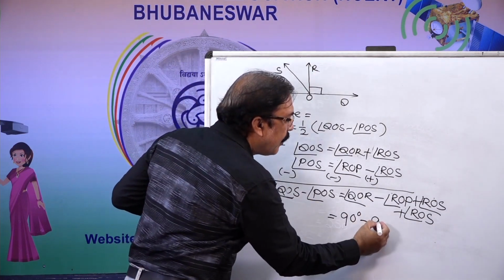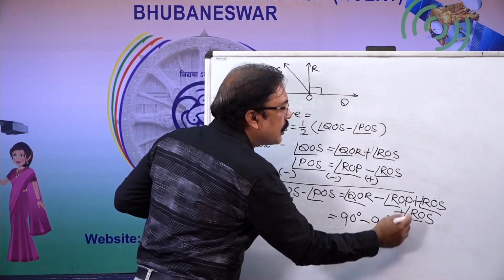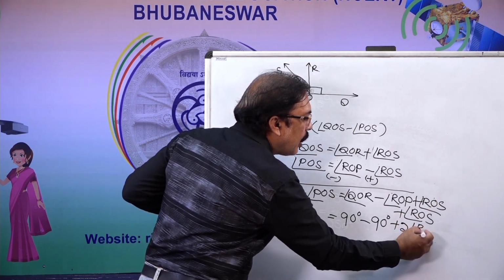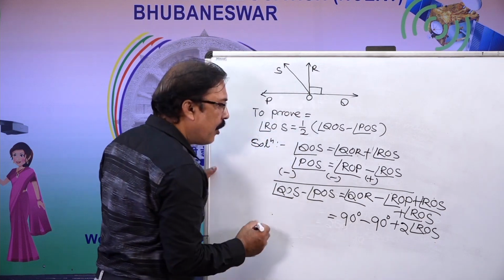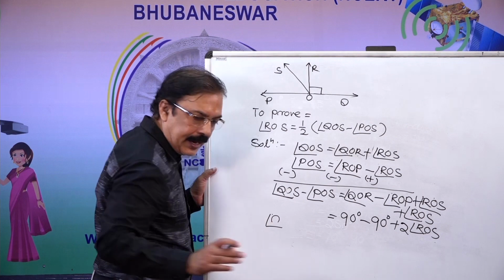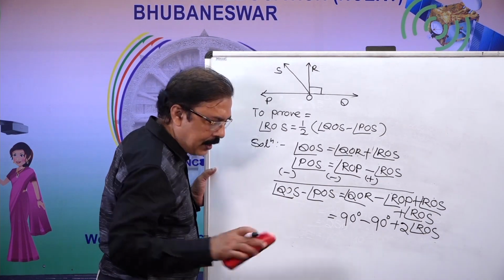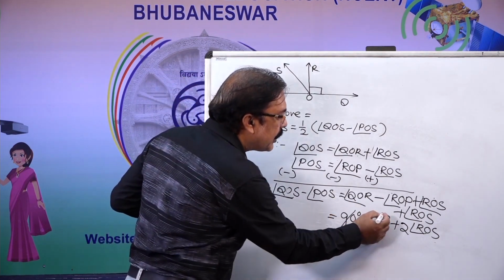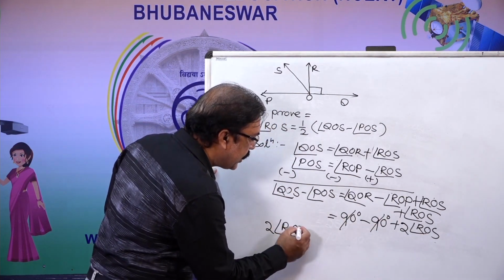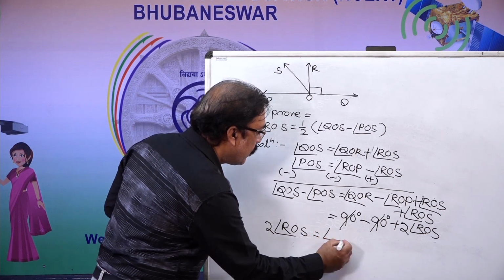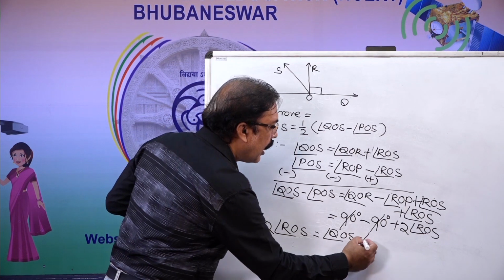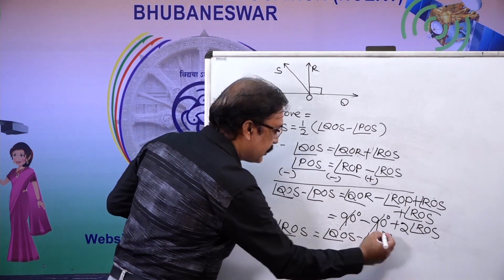So ROP is again 90 degrees, plus ROS, is 2 ROS. Now you see, 90 degrees minus 90 degrees cancel. So 2 angle ROS is equal to angle QOS minus angle POS.